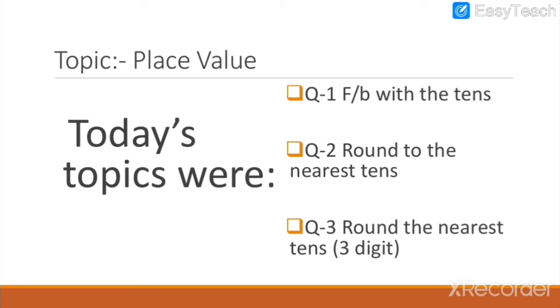Question number 3 is the same, but with one difference: question 2 has 2 digits, and question 3 has 3 digits. That's why question number 3 is different.